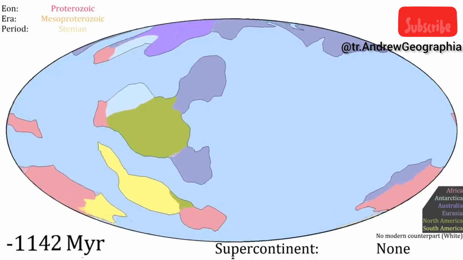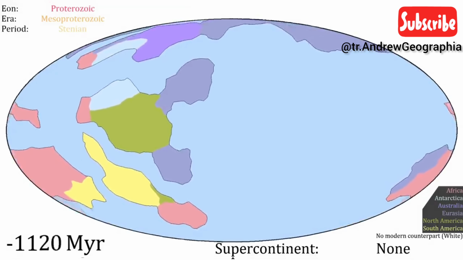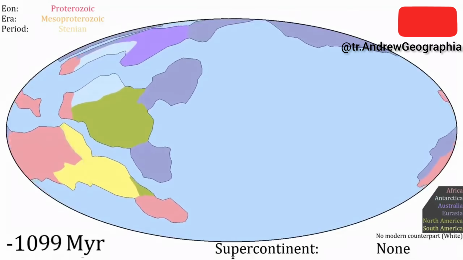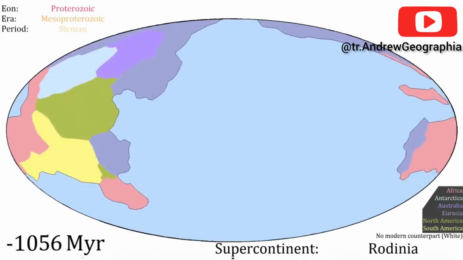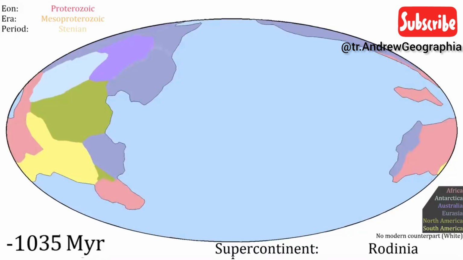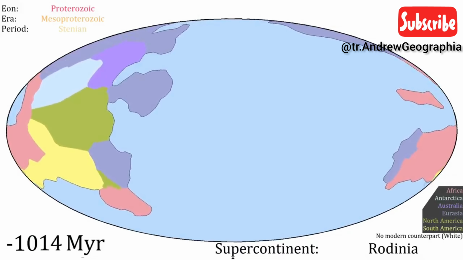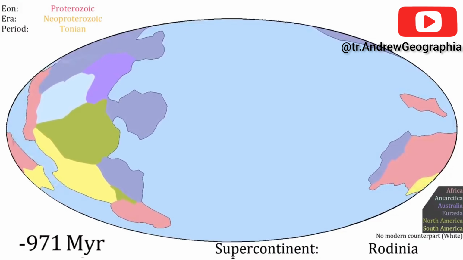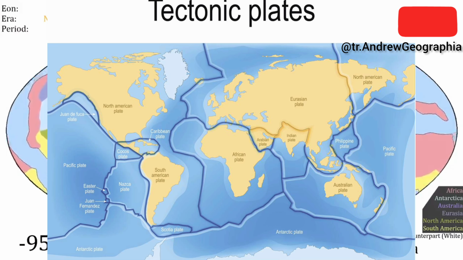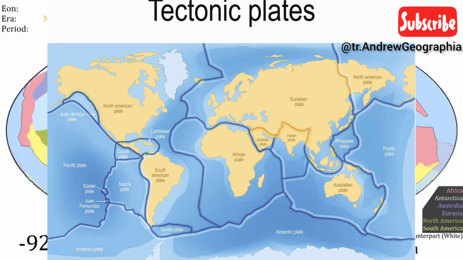For him, it was evident from his research that the current positioning of the continents we know today was a result of his continental drift theory. He recognized that tectonic activities led to the plates' movement.